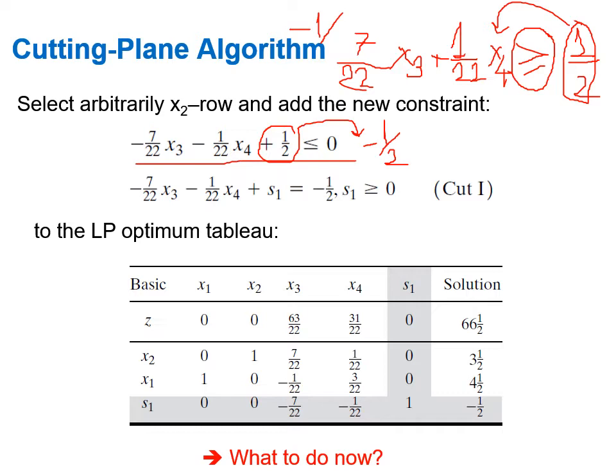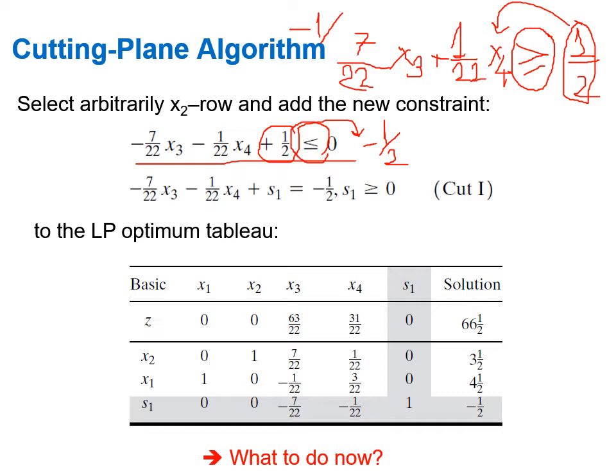How do we do it? As I said, we move all the constant terms to the right hand side of the constraint, but in the Simplex Tableau, the sign must always be equality. But in this cut, we have less than or equal to.